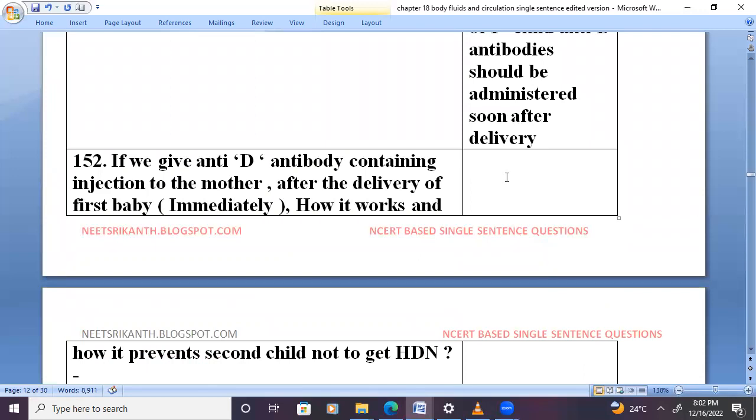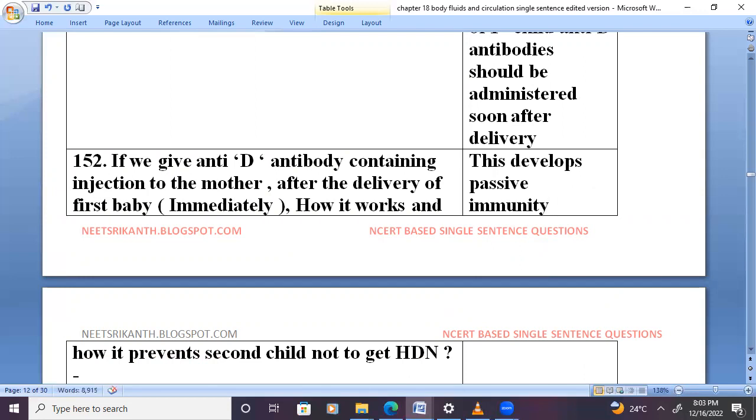If we give an anti-D antibody containing injection to the mother immediately after delivery of the first baby, how does it work and how does it prevent the second child from getting HDN?